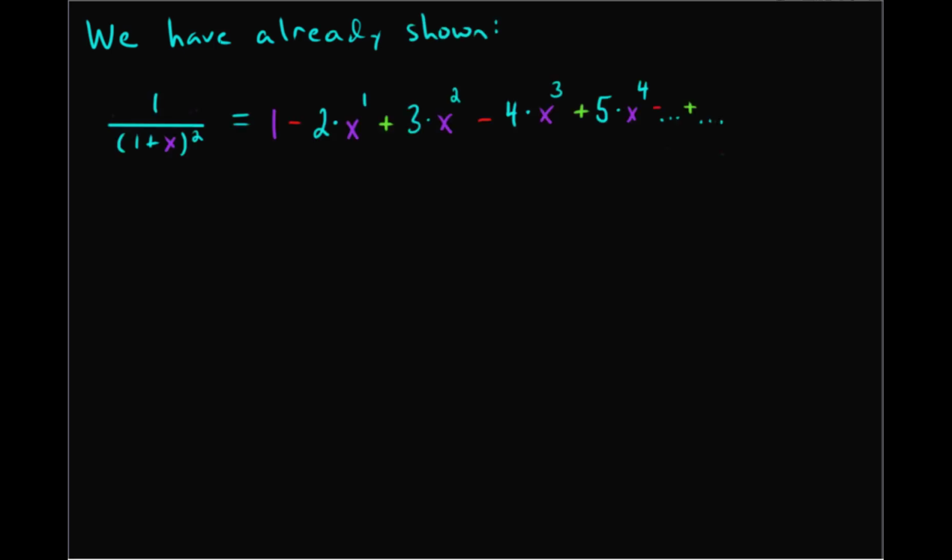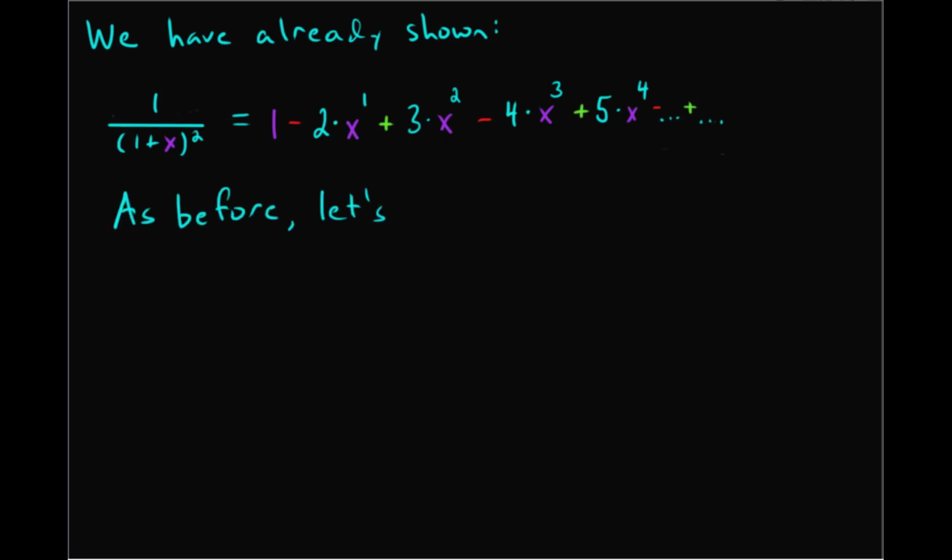Now, to advance the argument further, I'll remind you that we've already shown that the function 1 over 1 plus x squared can be represented by the series 1 minus 2 times x to the first plus 3 times x squared minus 4 times x cubed plus 5 times x to the fourth minus dot dot dot plus dot dot dot in that region of convergence where the absolute value of x is less than 1.